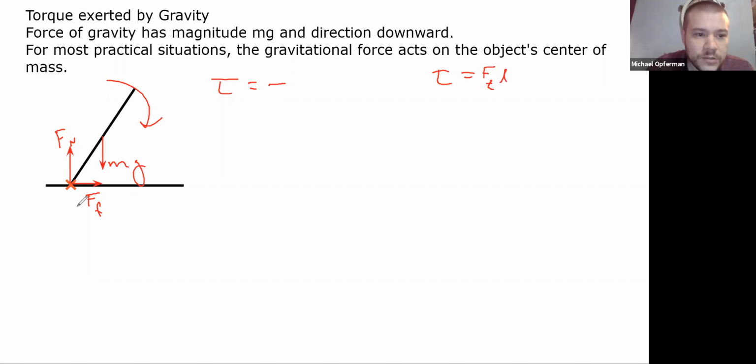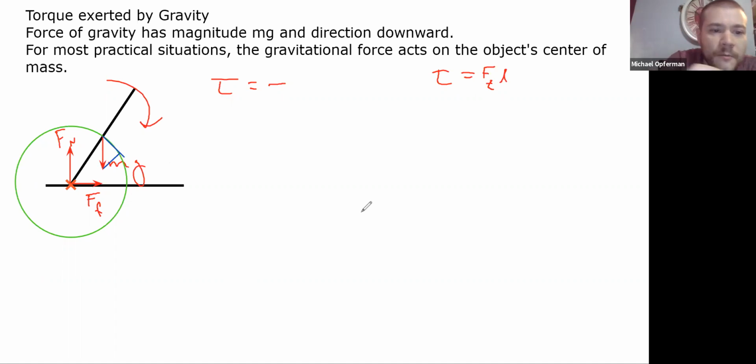If I draw that circle that I want to visualize, the circle should be centered on the axis, something like that. And you'll notice the gravitational force is not tangent to that circle. So I should be visualizing a triangle, something like this.